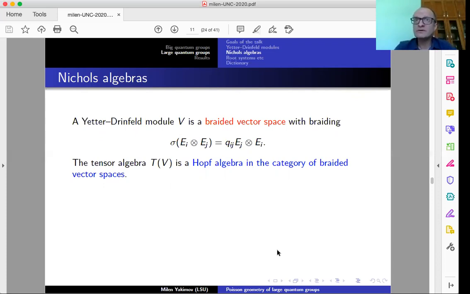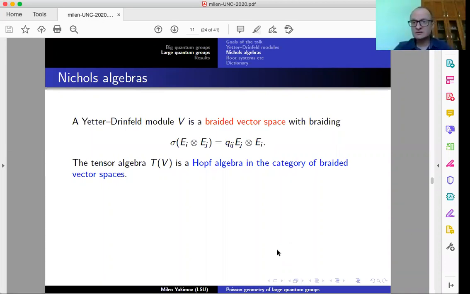So in other words, if you want to go from quantum Serre relations of Lie groups to Lie supergroups or to some more general objects, all you have to do is run this machinery of Yetter-Drinfeld modules and Nichols algebras, and then these Serre relations can be treated from a conceptual point of view, not just case by case. So here is my Serre relation for SL2, it looks like that.